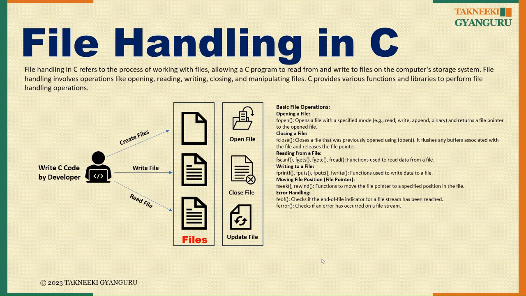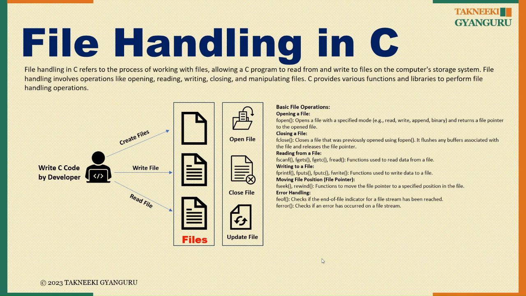When we read a file, we have a lot of functions like fscanf, fgets, fread. These functions can read from the file. To write into a file, we have fprintf that will print to the file, fputc, and the fwrite function that will write data into the file. If we want to move the pointer from one place to another, we can use fseek and rewind.